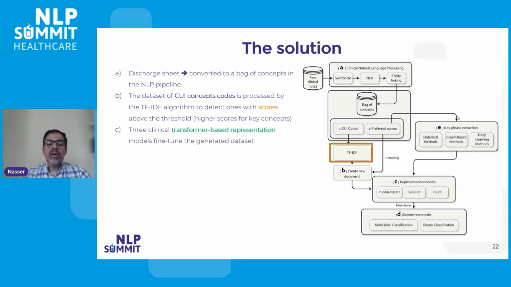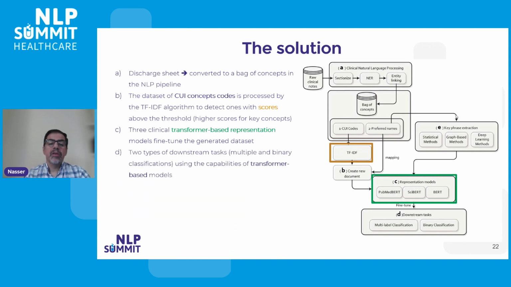Then we use a transformer-based representation. Here we use PubMedBERT, SciBERT, and BERT, and evaluated them on the dataset that we used for two downstream tasks, including multiclass and binary classification by the transformer models.